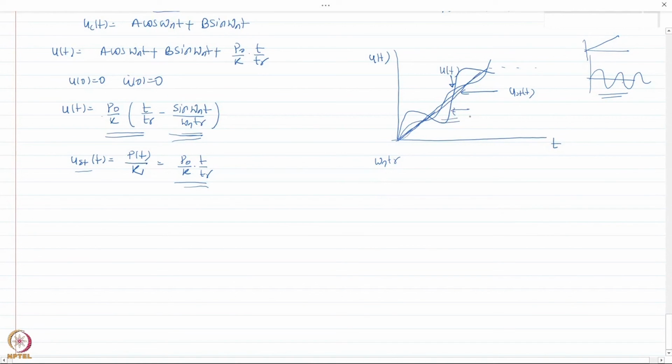So for those kinds of systems, we have to increase the value of tr so that this oscillation reduces. When you increase the value of tr, it becomes closer and closer to the static solution.